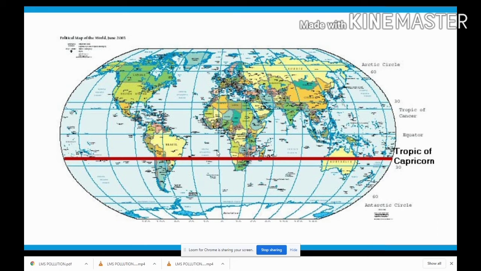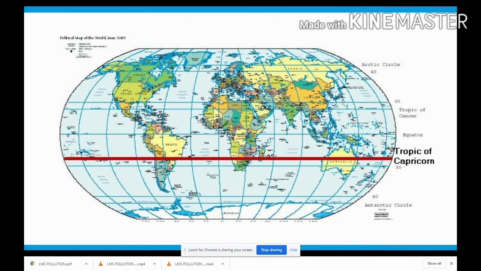Moving to longitudes, this is 0 degree longitude. This is also called the prime meridian. Of course, it is also called the Greenwich longitude because it passes through Greenwich in England, where the British Royal Observatory is located.